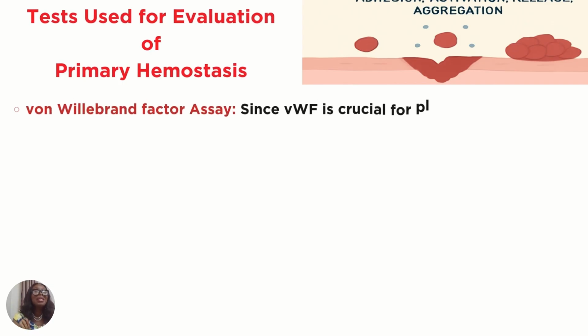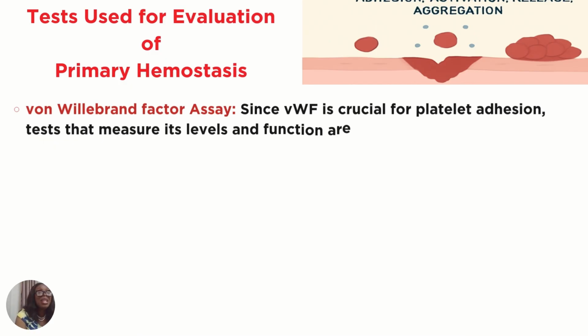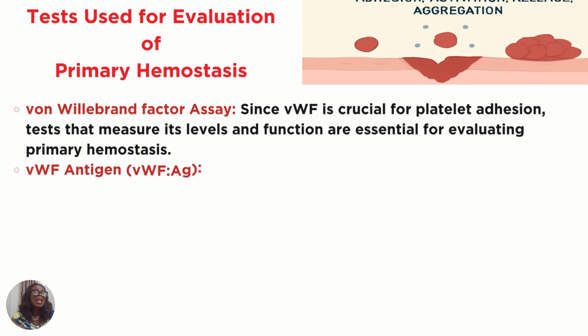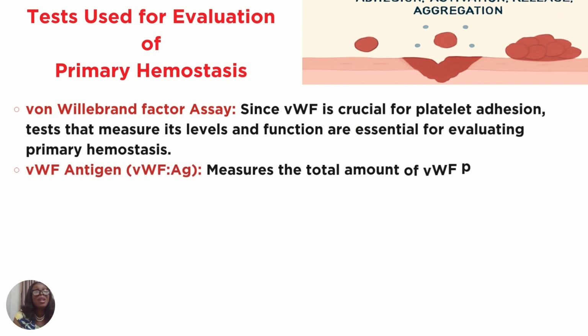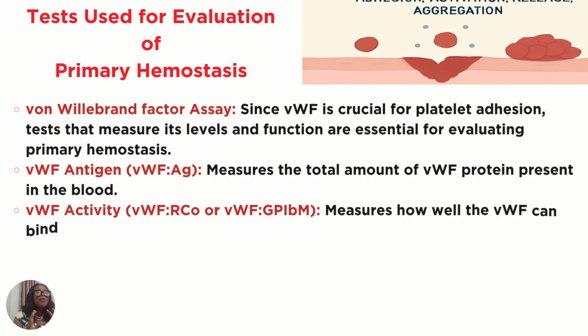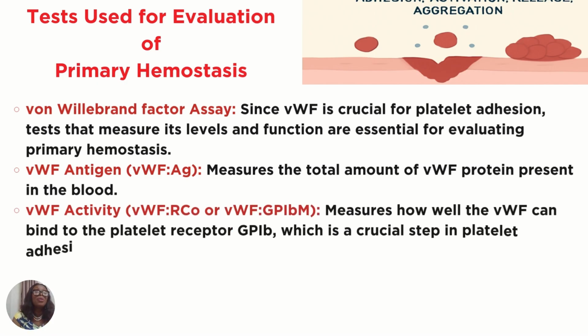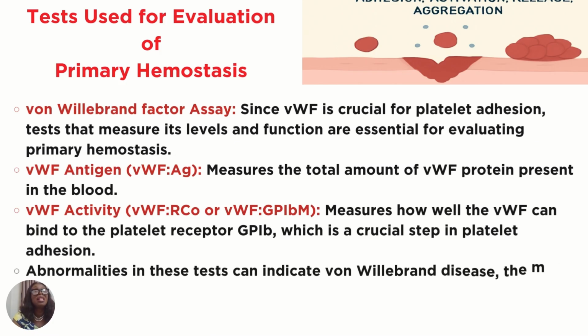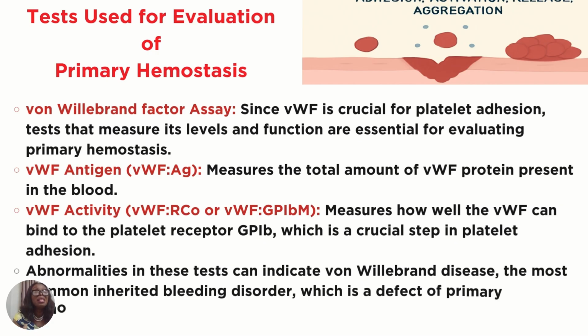Now we have another test that we can use to assess not platelet function directly, but the ability of platelets to adhere, because von Willebrand factor is needed for platelet adhesion. If it is not present, platelets will not be able to adhere to the site of injury. So, since von Willebrand factor is crucial for platelet adhesion, tests that measure its level and function are essential for evaluating primary hemostasis.